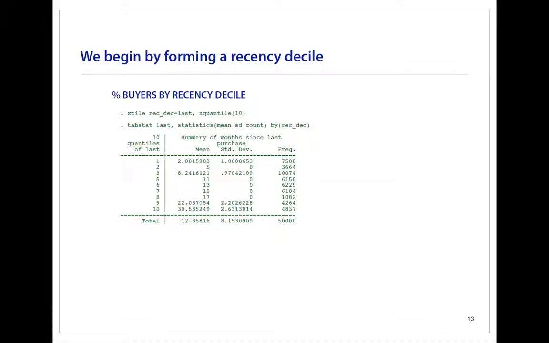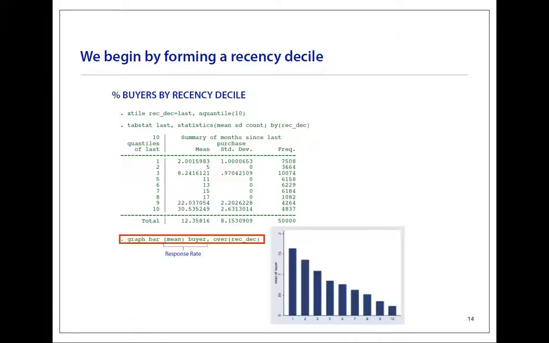To get the response rate for each group, what I did here is calculate the mean buyer for each group, and overall, which is basically over all the groups. Then I draw them in a bar graph for demonstration purposes. In this bar graph, the height is this mean buyer variable.